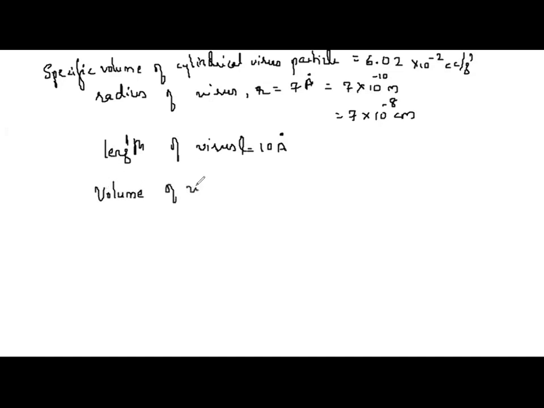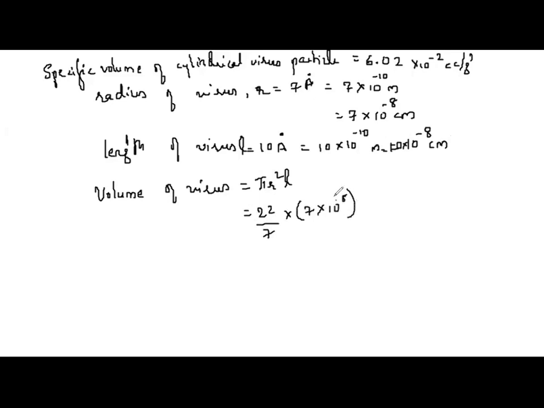Volume of virus is equal to, cylindrical they have said, so pi r square into L. So here 10 angstrom becomes 10 into 10 raised to minus 10 meters, 10 into 10 raised to minus 8 centimeters. So pi is 22 by 7, into radius 7 into 10 raised to minus 8, the whole square, into 10 into 10 raised to minus 8.